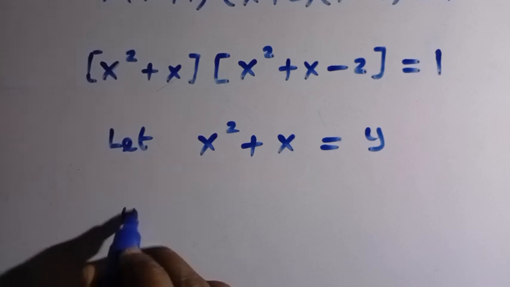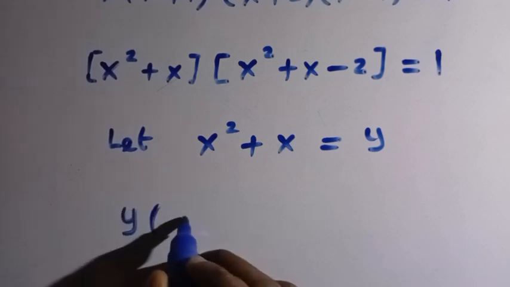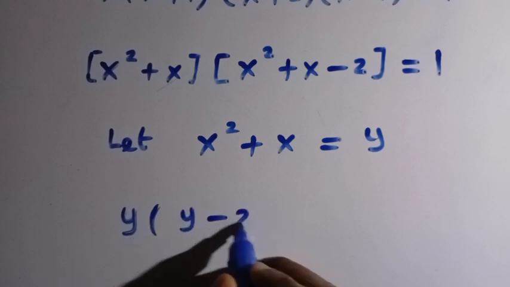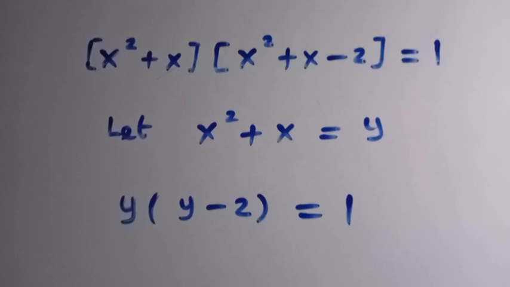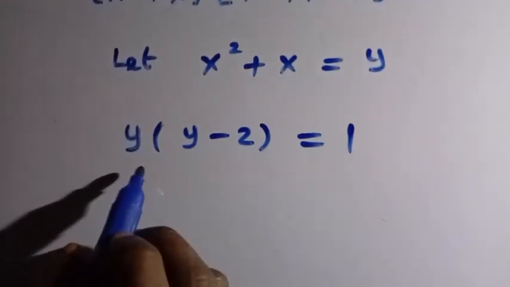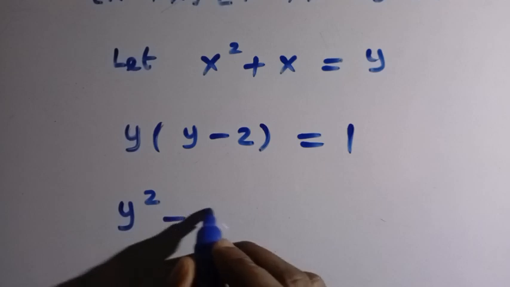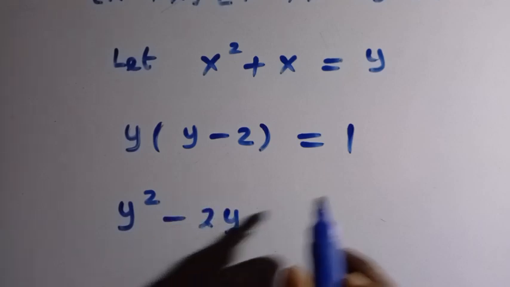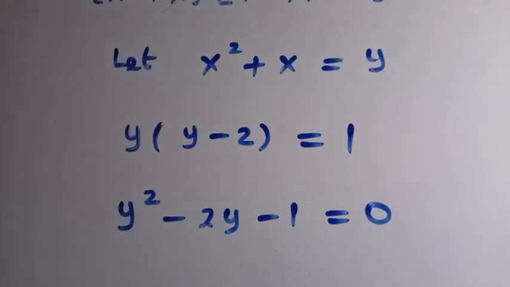Then the equation becomes y times y minus 2 equals 1. By expanding this, we have y squared minus 2y. Let's take 1 here, we have minus 1 equals 0.